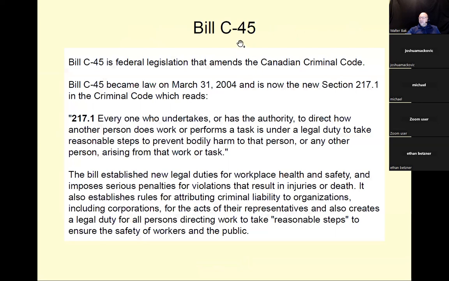Now, Bill C-45 is a federal legislation that amends the Canadian Criminal Code. Oh, look at that. Things are getting serious. I told you things are official, right?